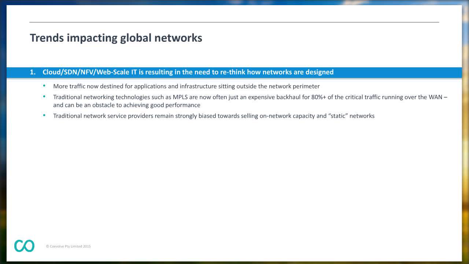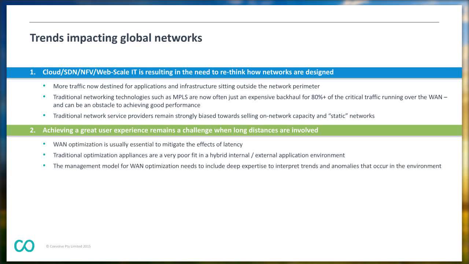And the traditional service providers and telcos, as is understandable, their focus is on selling capacity on their network, and they still think in terms of statically defined contracts and agreements and networks where you have a certain amount of bandwidth at each site. You've built a closed network around that group of locations, and increasingly that is at odds with what these enterprises are trying to get out of their network environments.